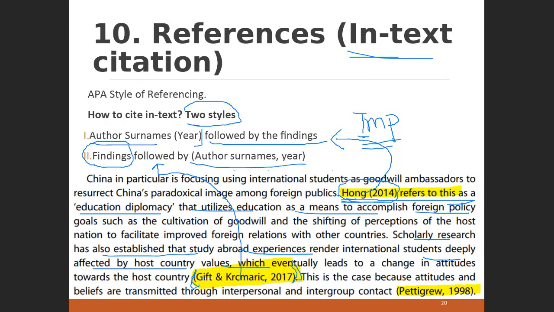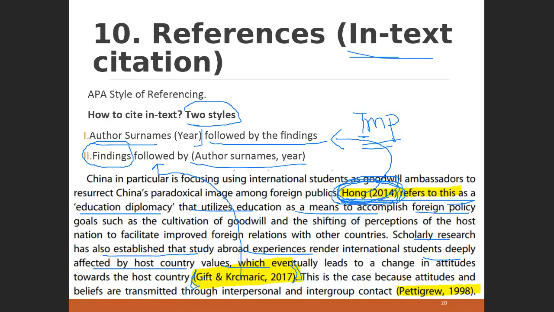So when to use the first style? When you want to give some very important information. Basically, the author name is mentioned categorically; it is made very obvious.